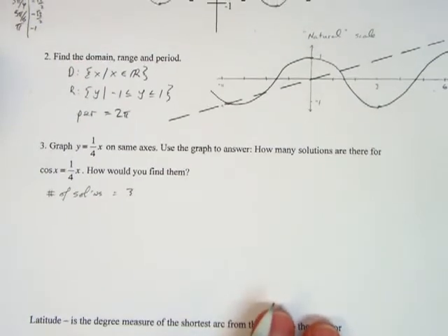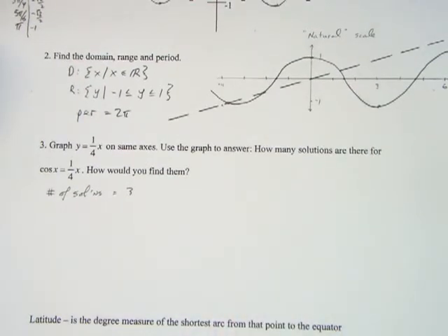How would you find them? What way do we have that can allow us to do this? Remember, I had you write down a statement back in chapter 5, and it said whenever you're dealing with an exponential, log, trig function, and a polynomial in the same equation, you cannot solve it by hand. We do not have that knowledge. So what do we use? Our graphing calculator. So right down here, how would you find them?